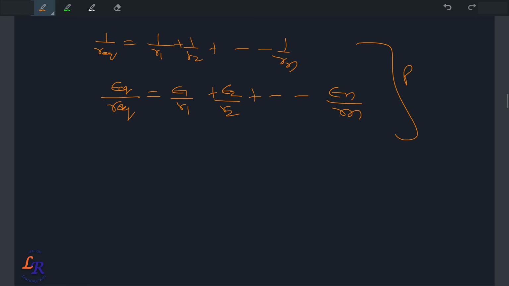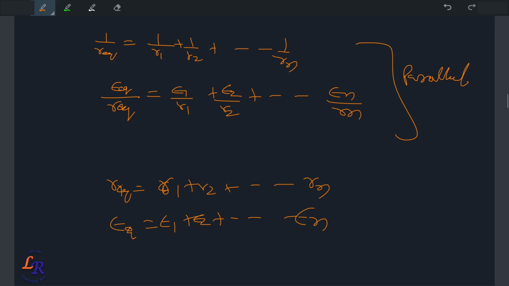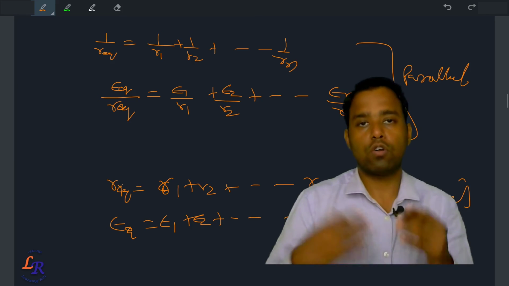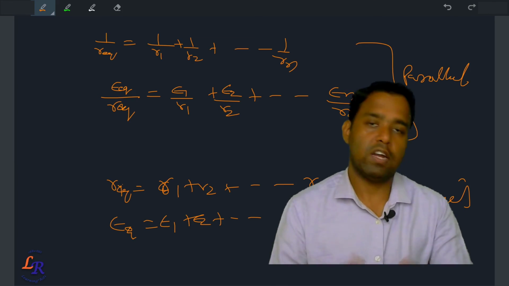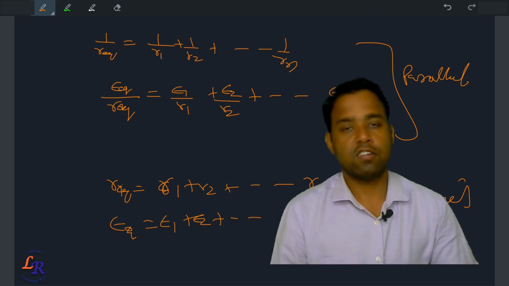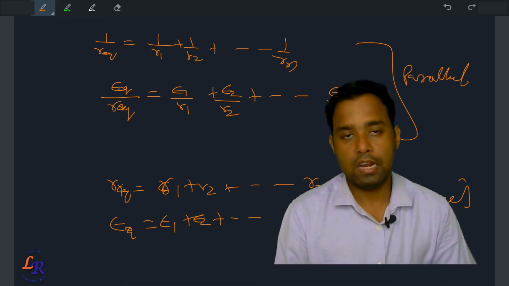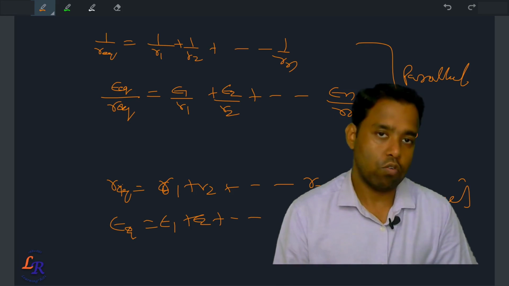So this is for your parallel connection, and if it is in series, then you have R equivalent is equal to R1 plus R2 plus and so on Rn, and then epsilon equivalent will be epsilon 1 plus epsilon 2 plus and so on epsilon n, right? This is for series. So this is all about how to get the equivalent EMFs when the cells are connected in series or in parallel, and what would be the equivalent value for them.